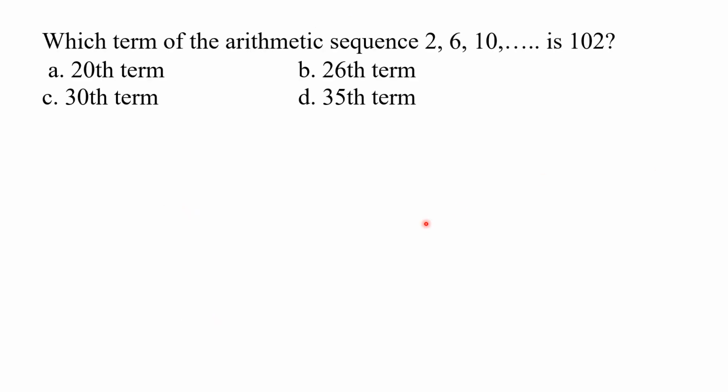Let's proceed to the next. Which term of the arithmetic sequence 2, 6, 10 is 102? Okay, we are going to find what term, or what is the value of n, corresponding to 102. So again, my dear friends, to identify what is given: the first term is 2, the nth term is 102, and the common difference is 4.